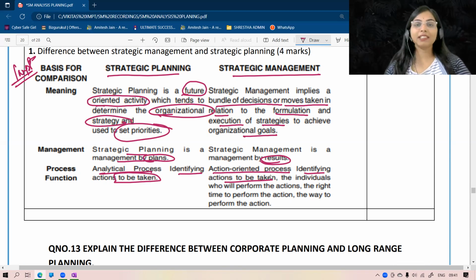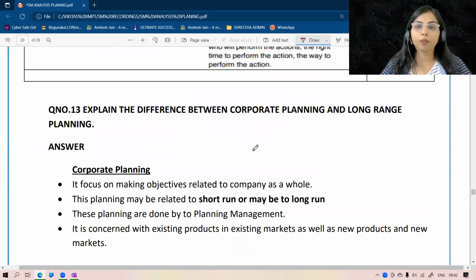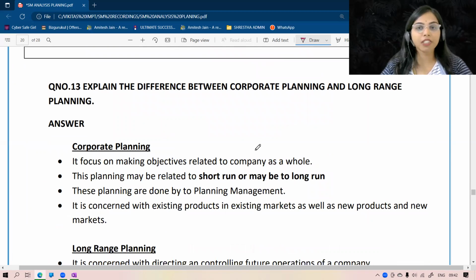Fine. So the difference between strategic planning and strategic management is also done. Now let's understand the difference between corporate planning and long range planning.